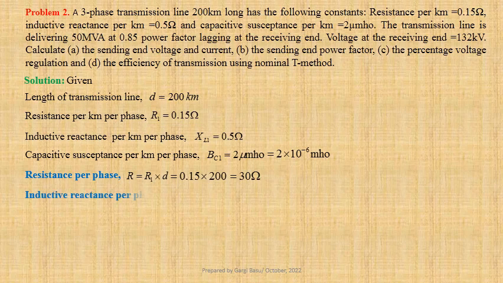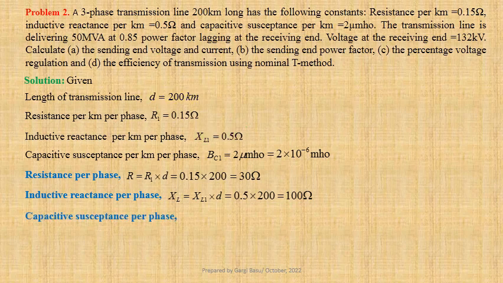Inductive reactance per phase XL equals XL1 into D. Using values we get 0.5 into 200, that is equal to 100 ohm, and capacitive susceptance per phase BC equals BC1 into D. Using values we get 2 into 10 to the power minus 6 into 200, that is equal to 4 into 10 to the power minus 4 mho.